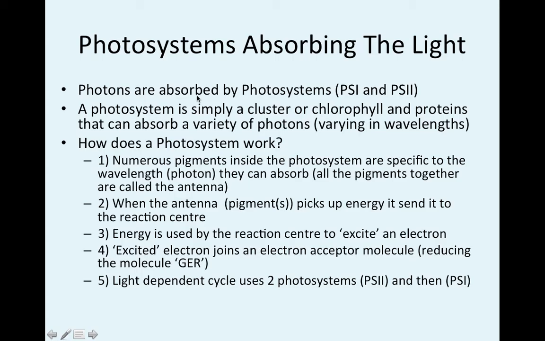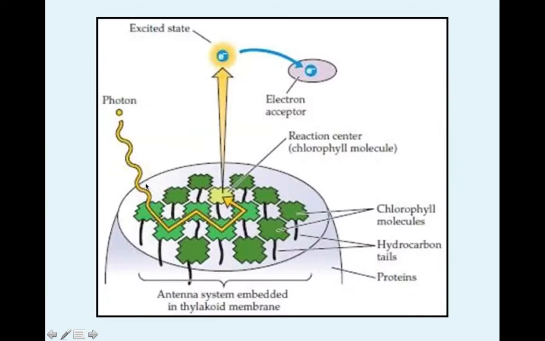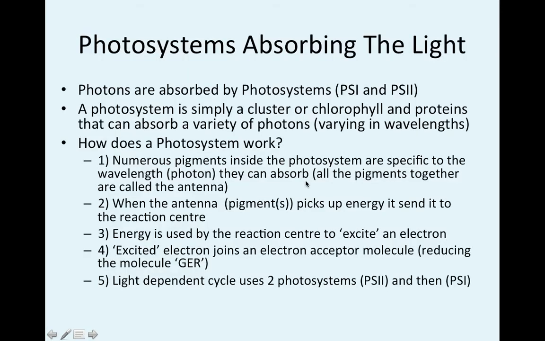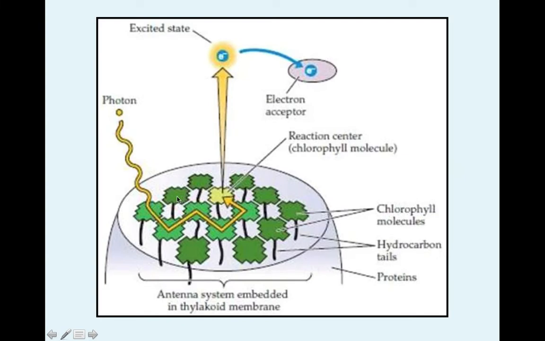Okay, so photons are absorbed by photosystems. We've got two of them, PS1 and PS2. I'm going to show you a picture of one. There's a photosystem right there. All it is, simply, is a cluster of chlorophylls and proteins that can absorb photons. So here we've got a whole bunch of different pigments. This one's going to absorb a certain photon, so a certain color of light.